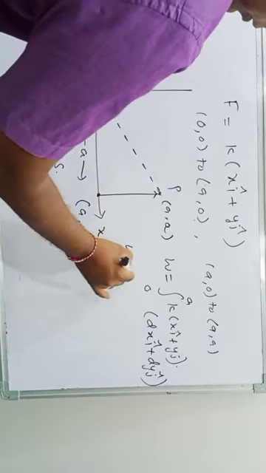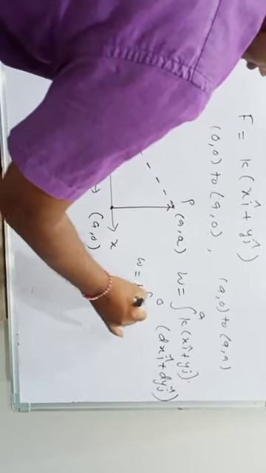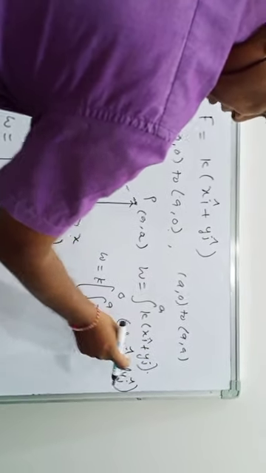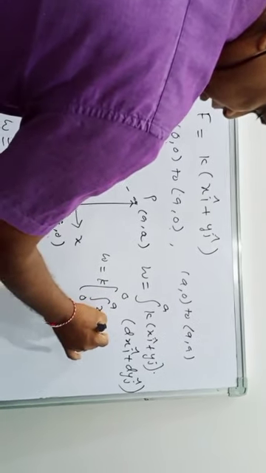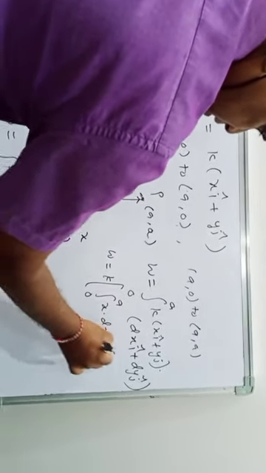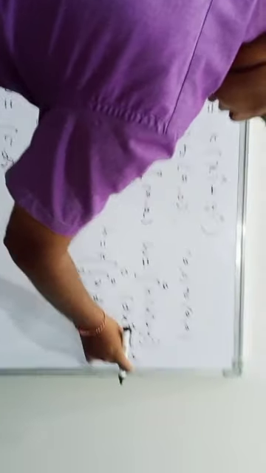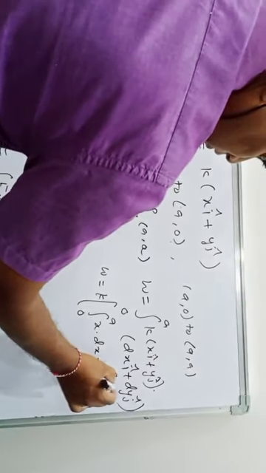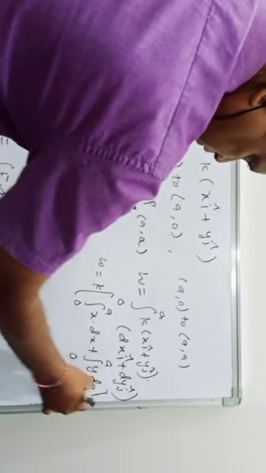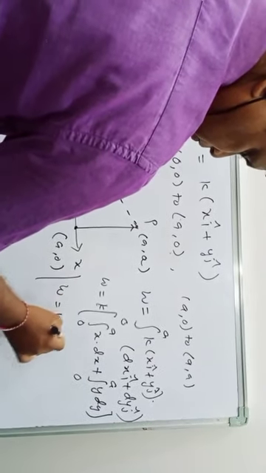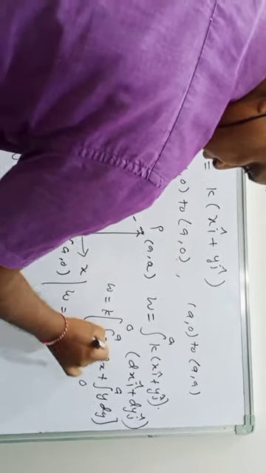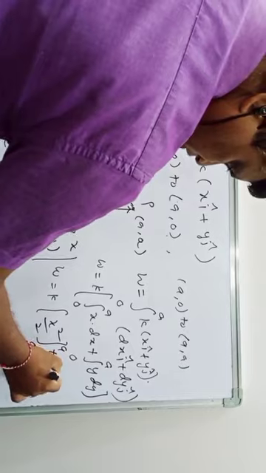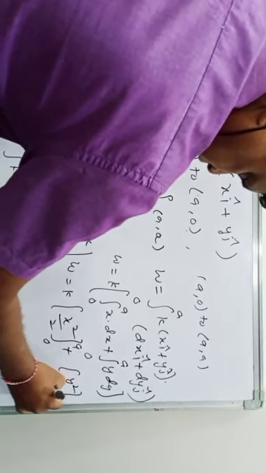Now the variables are separated. k is common, so integral of 0 to a of x i cap dot dx i cap, so that is i dot i equal to 1, so x dx, plus integral of 0 to a of y j cap dot dy j cap, that is j dot j equal to 1, so y dy. So k into the integral: x dx gives x square by 2 from 0 to a, integral of y dy gives y square by 2 from 0 to a.